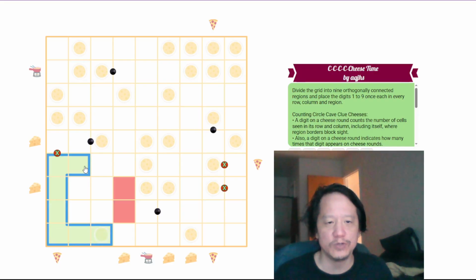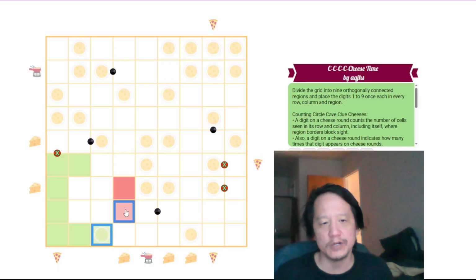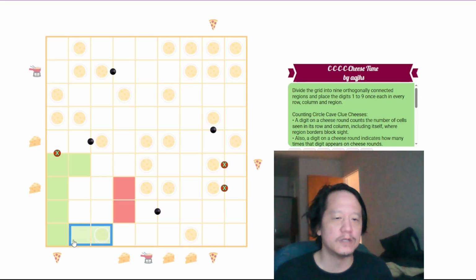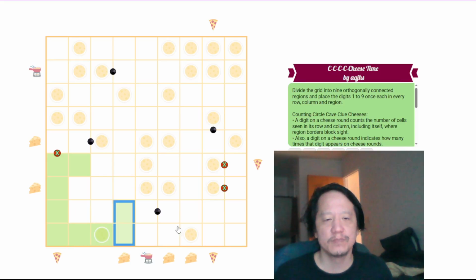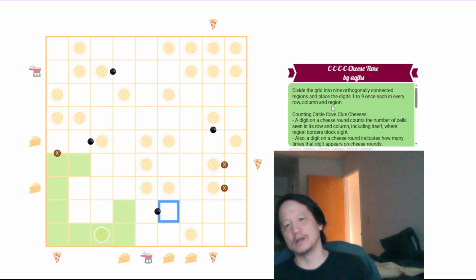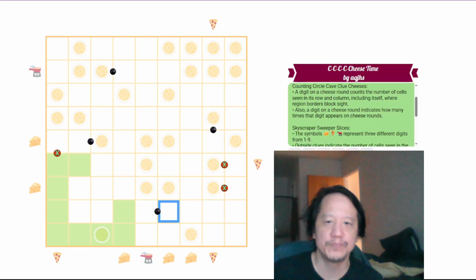They'd have to go through a corner here or exit the region by going through edges here, neither of which is allowed. So those are examples of how orthogonally connected regions work.